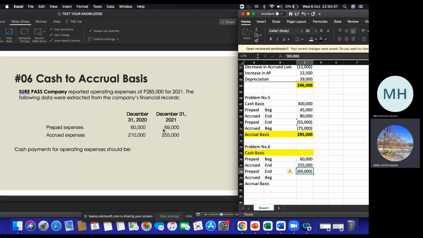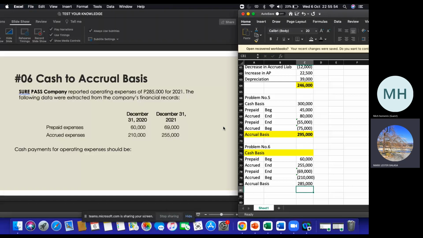Alright? And then, what else? You have accrued beginning of this one, 210. Tapos, you have ito, reported operating expense of 285.